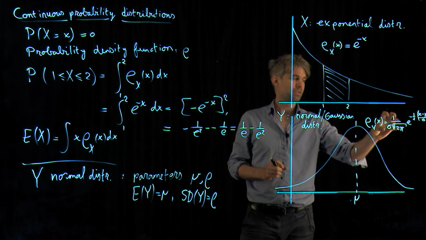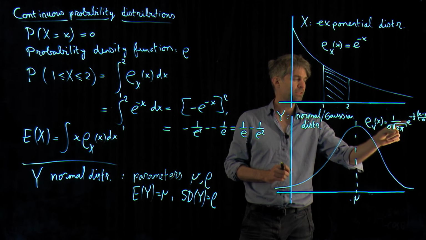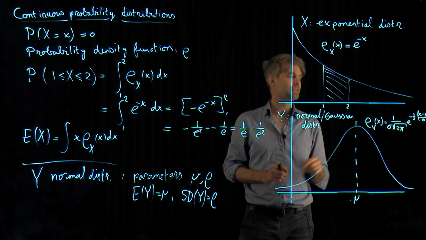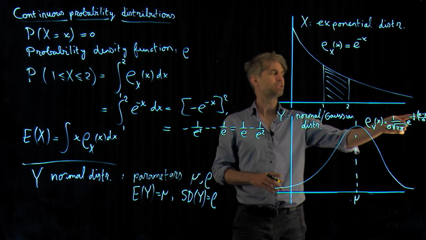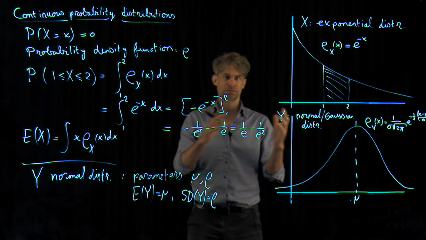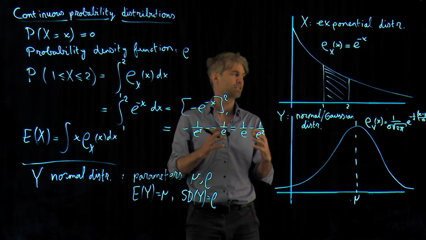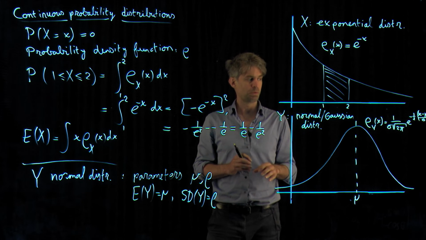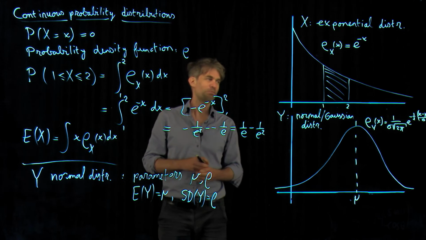So therefore you have this normalization factor, and then an exponential function with exponent minus 1/2 times (x minus mu) divided by sigma, and then the whole thing squared. You also recognize this x minus mu, which is simply this horizontal translation.